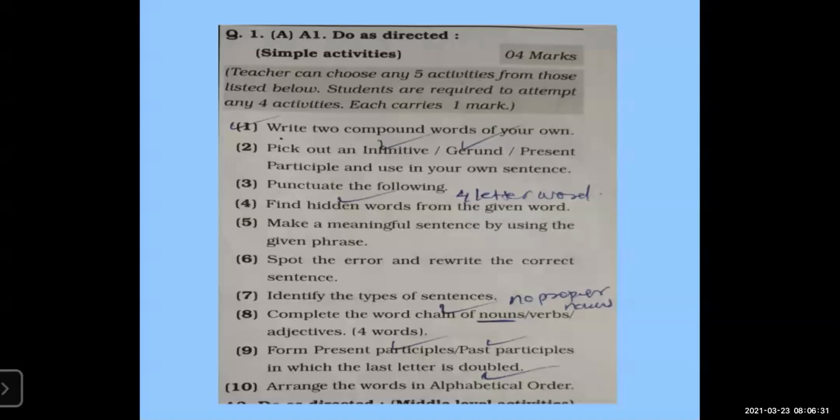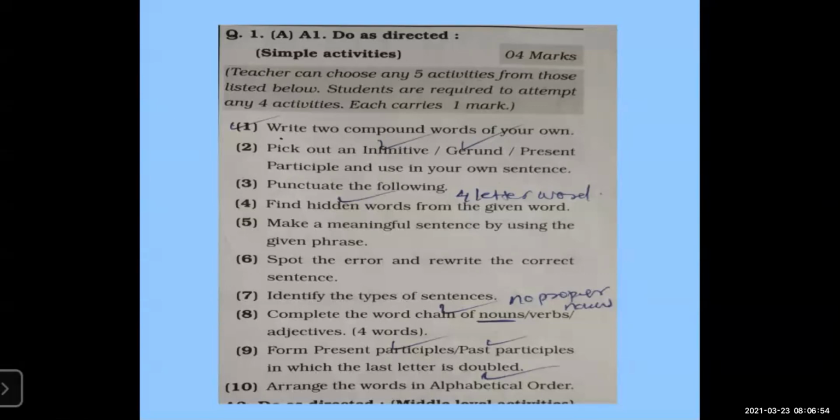Then make a meaningful sentence by using the given phrase. So many phrases are there. Try to use them in your own sentences. You should know the meaning of the phrase also, but you should not use the meaning in the sentence.